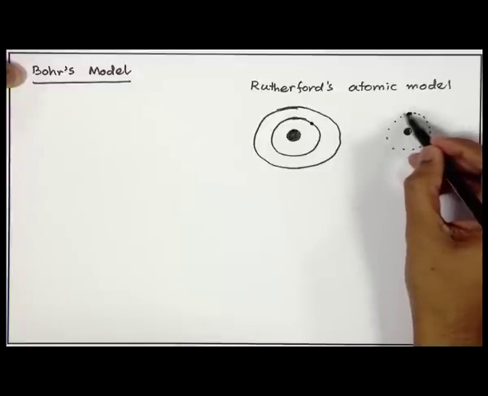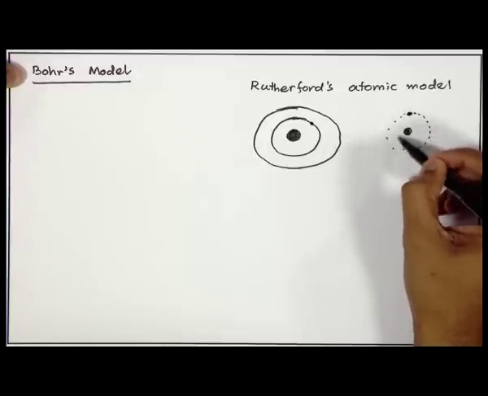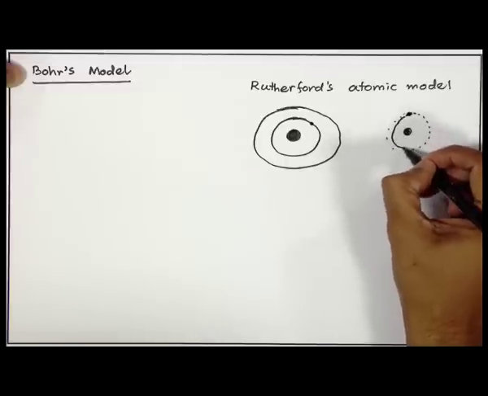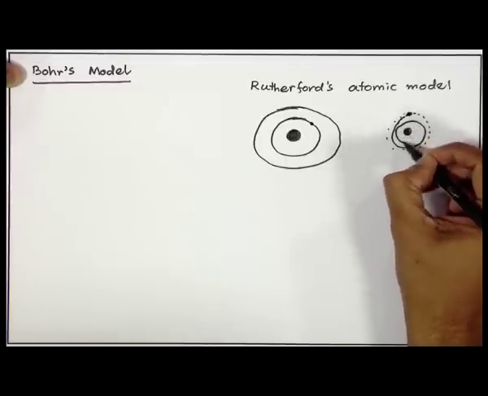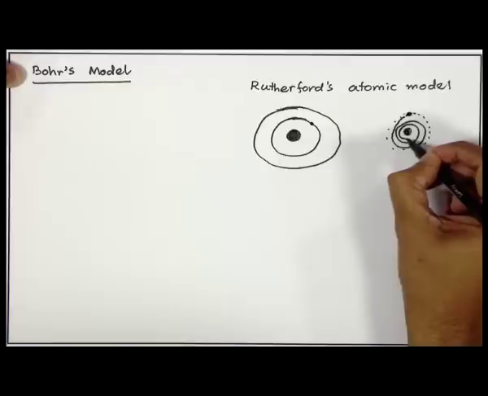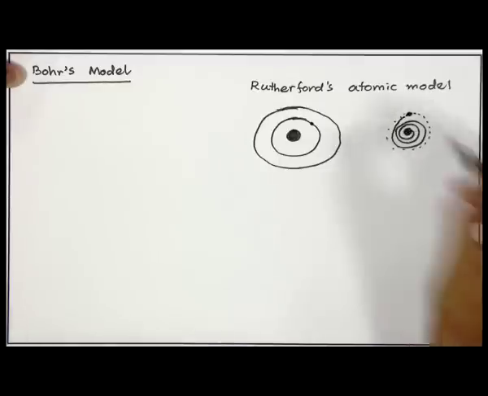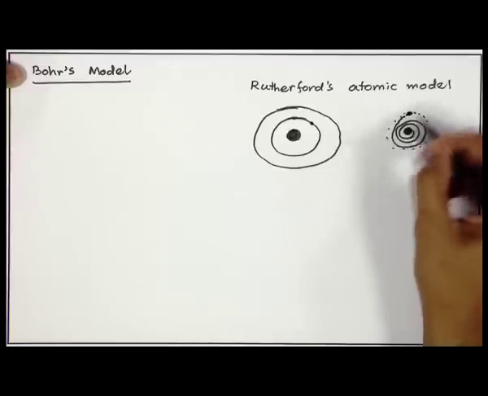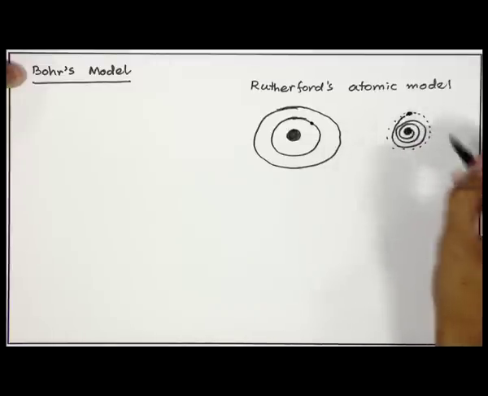So, when an accelerating charged particle goes around another charged particle in a circular path, Maxwell's theory suggested that it should follow a spiral path, something like this, and in no time collapse onto the other charge around which it was orbiting.